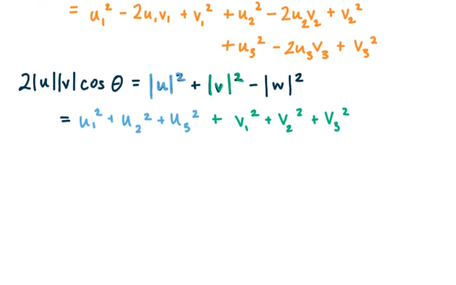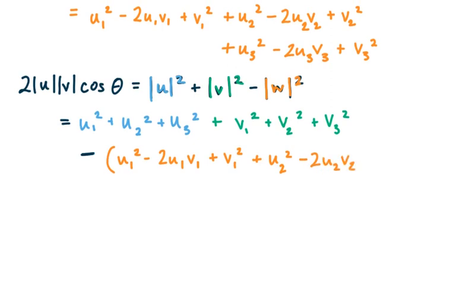And then we have minus, and when we are subtracting, we need to make sure we have that distributive factor included. So I've got minus the magnitude of vector W squared: U sub 1 squared minus 2 U sub 1 V sub 1 plus V sub 1 squared plus U sub 2 squared minus 2 U sub 2 V sub 2 plus V sub 2 squared.